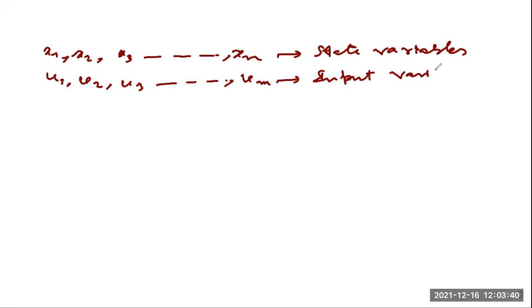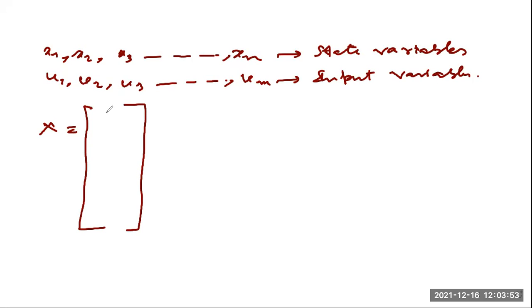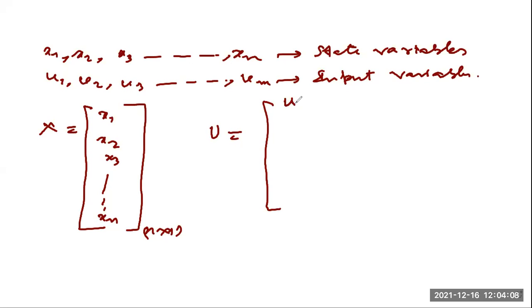When we represent this, X is the state vector. The state vector is represented as a matrix, an n cross 1 matrix, where all the state variables are written. Similarly, all the input variables are also represented with the help of a matrix.